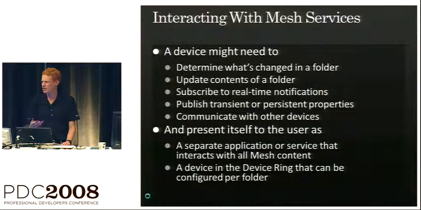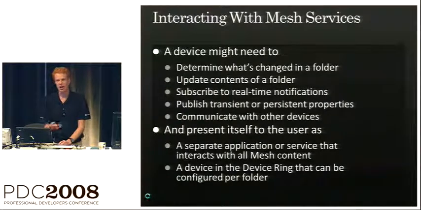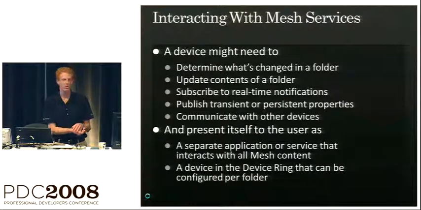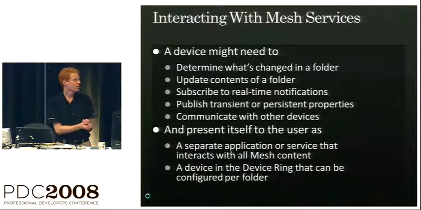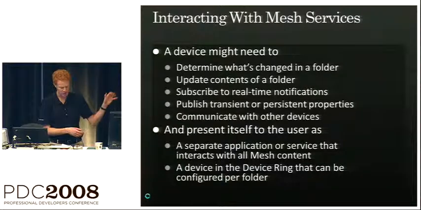And what does it mean to synchronize the transcoder anyways? Its job is just to sort of change stuff in the middle. So for a device like that, it might make more sense to actually view it as sort of a separate application. And the user goes to the transcoder mesh application, is able to configure all their settings and see their status there. So there's a bit of a decision to make there.